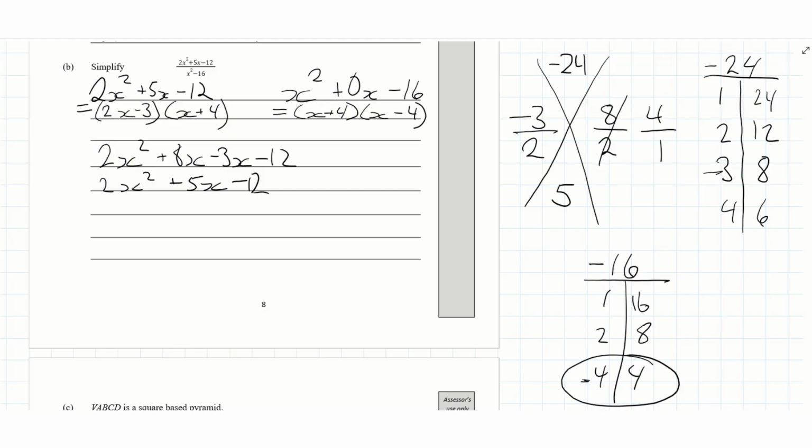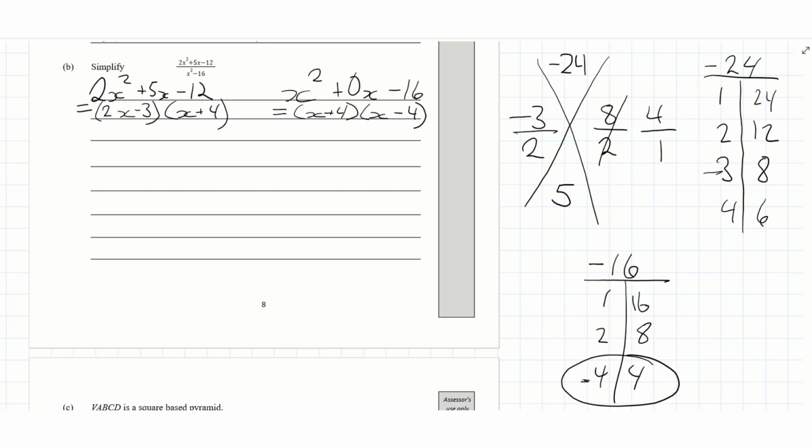Here I have expanded this, and I've checked my work, and I can see that this bit that I found down here matches, I should use a highlighter. This bit here matches this bit here. So I know that the factorization that I did in this location is correct. So getting rid of all that junk again. If I wanted to, I could check my work, but I don't want to necessarily this time.